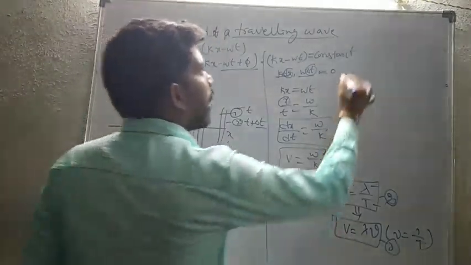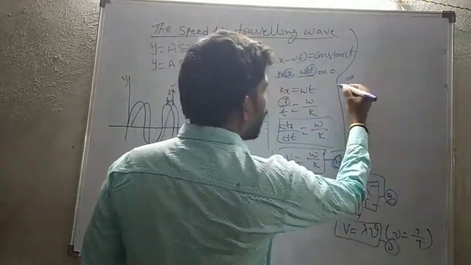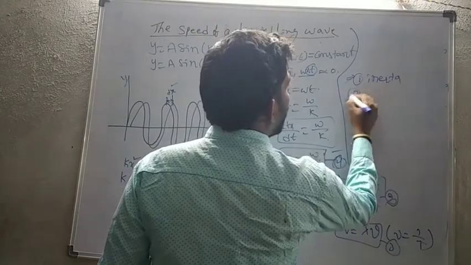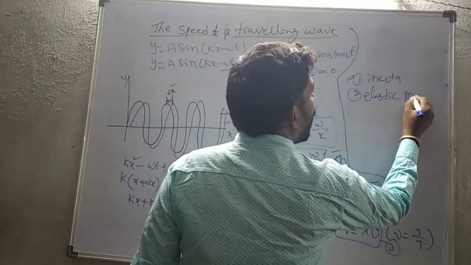The speed of a traveling wave in a medium depends on, first, inertia, and second, elastic property.